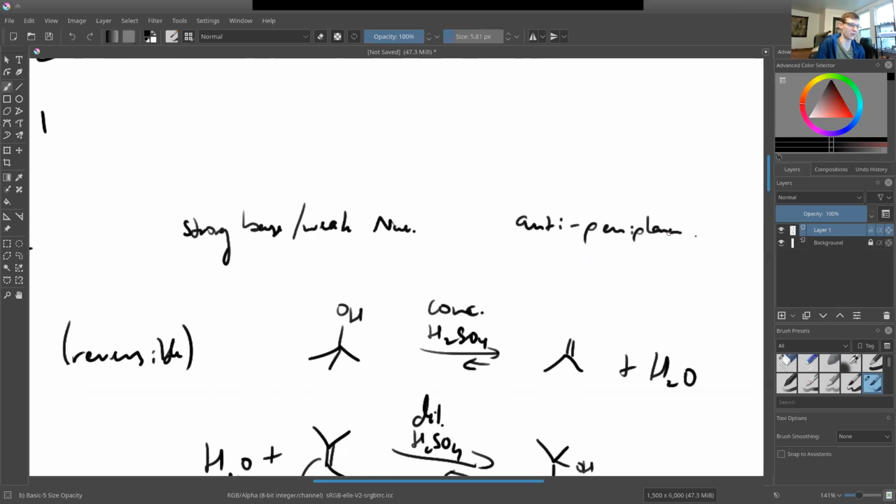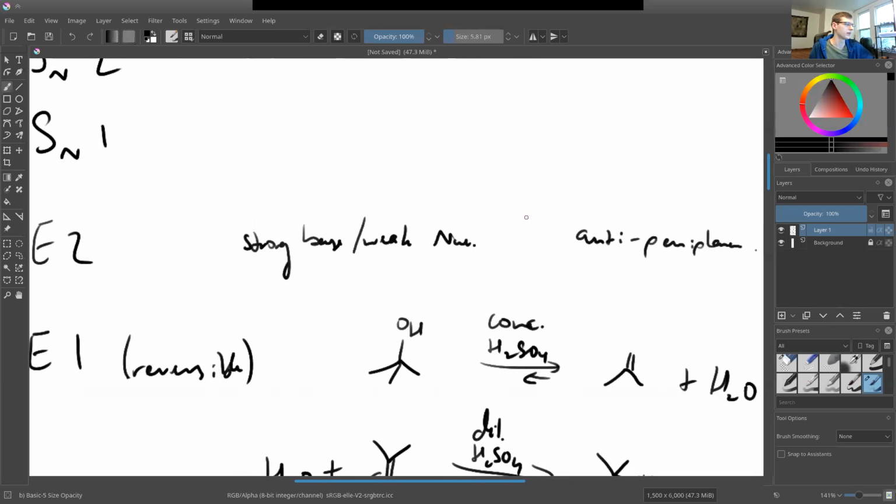But in general, the overwhelming majority of the time that it comes up, it's anti-periplanar. I just mentioned syn-periplanar because if there's a whole quiz about E2, I don't know what they could really wind up asking about. There are a few questions where it comes up, so I'll show you what that's all about.